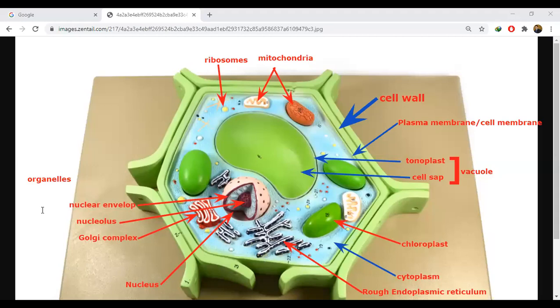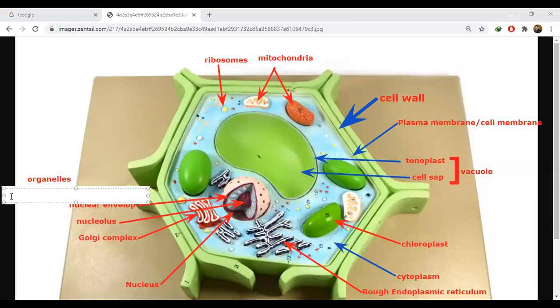Is the cell wall an organelle? Is the plasma membrane an organelle? They have to be located in the cytoplasm.